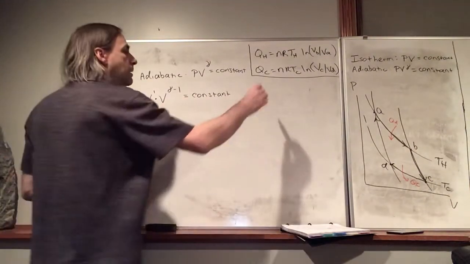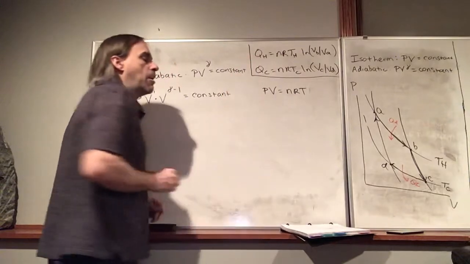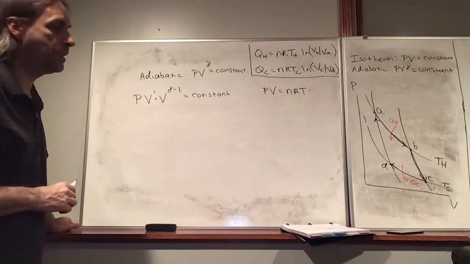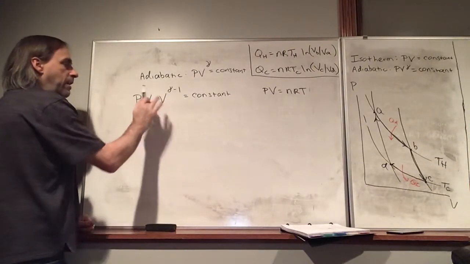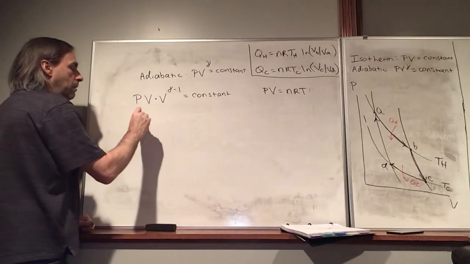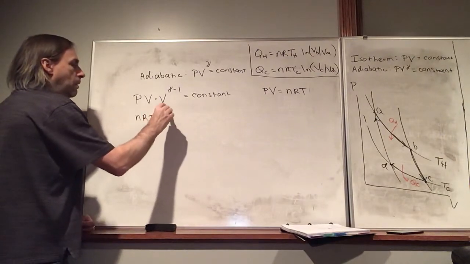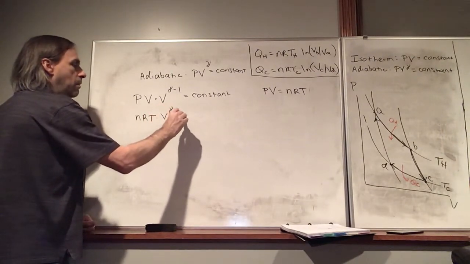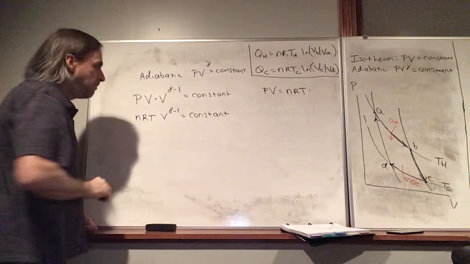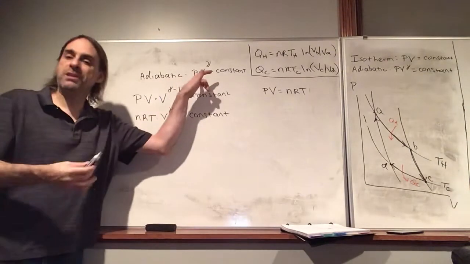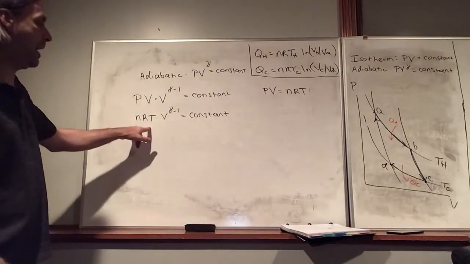Now why did we do this? Now, PV is equal to nRT. So we can replace this PV here with nRT. So we took this relation, which we're just taking as a given for this class, and we're combining it with the ideal gas law.